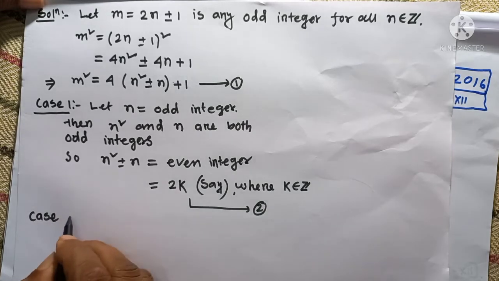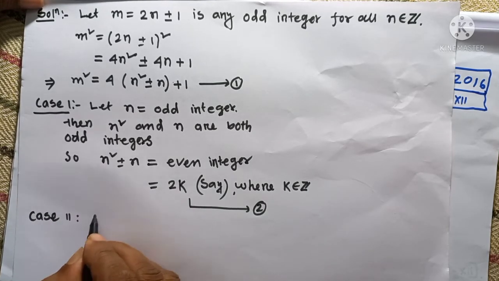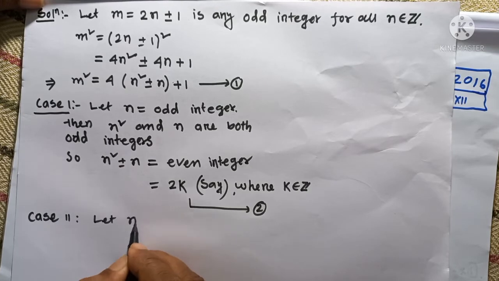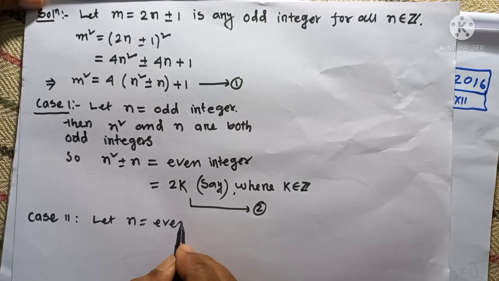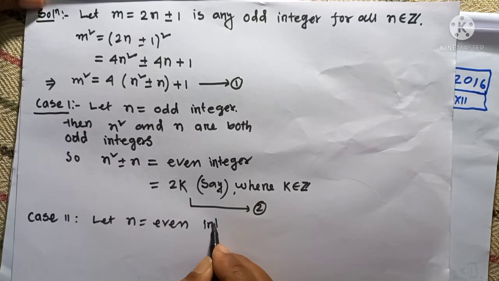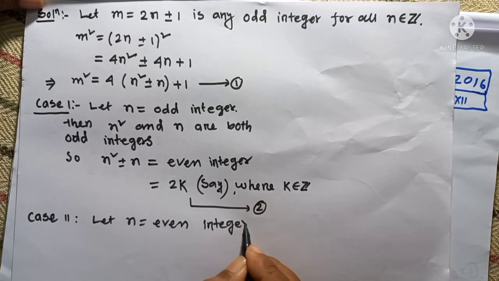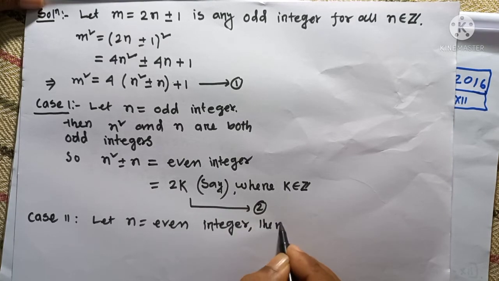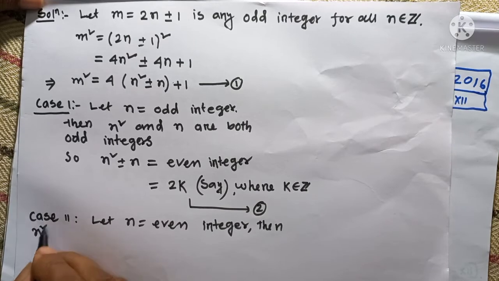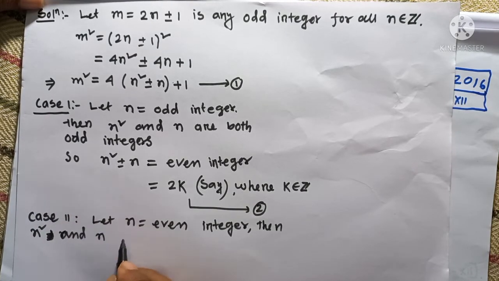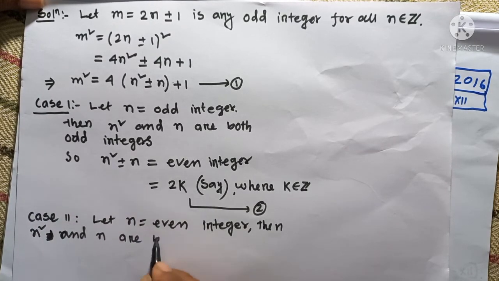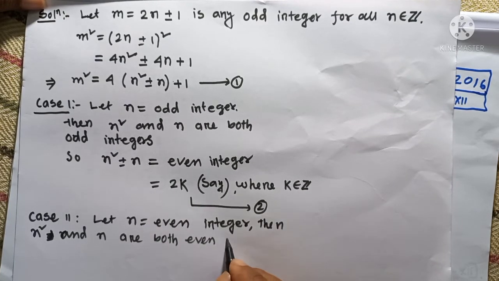Case 2. Let n equal to even integer, then n square and n are both even integers.